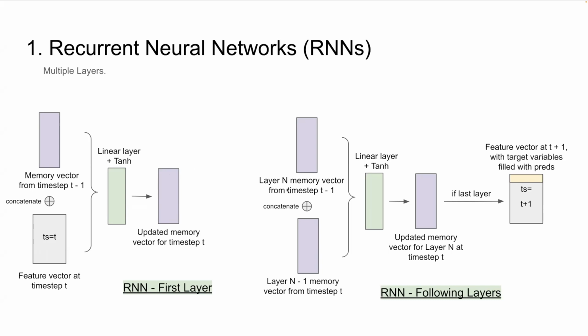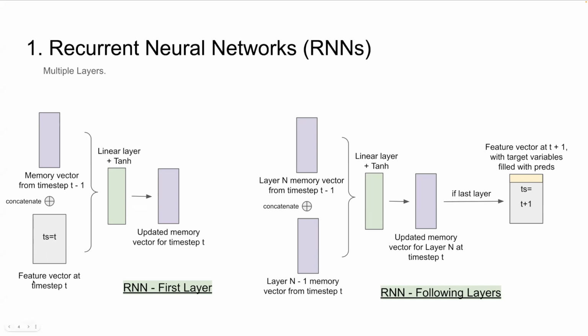Then for all the layers that follow, you take the updated memory vector from layer n-1 for the current time step, and combine it with the memory vector for the current layer n from the last time step.